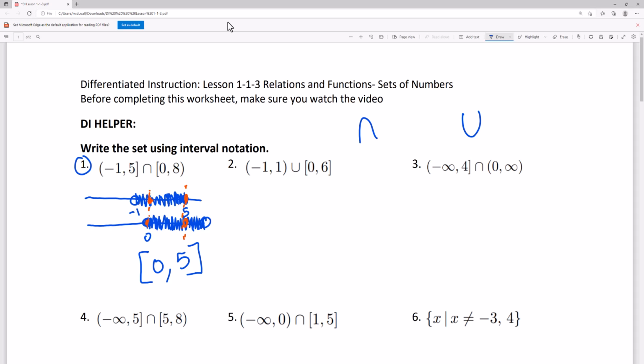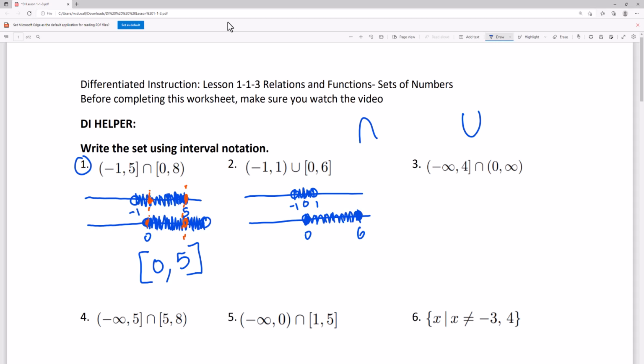Let's look at number 2. So we draw our two sets, and it's asking us to combine them together. So the first one, if I say that this is 0, so we have the set from -1 to +1, open circle, open circle. And then the next one is from 0, closed circle, 1, 2, 3, 4, 5, 6, to 6, closed circle.